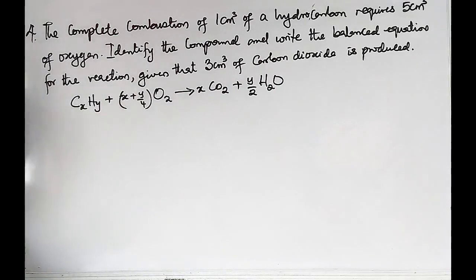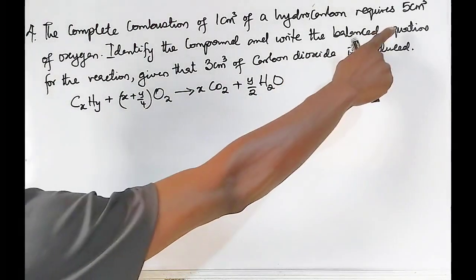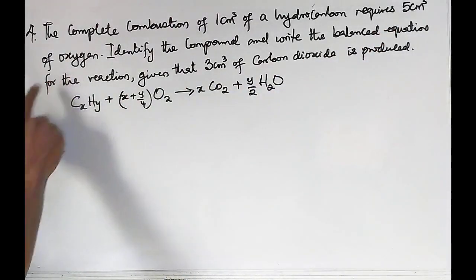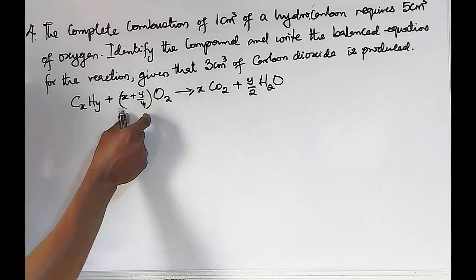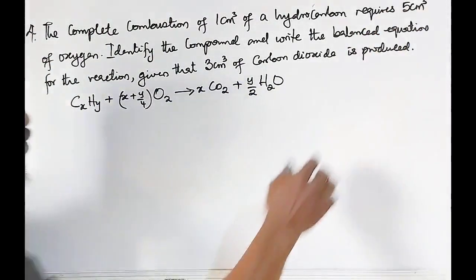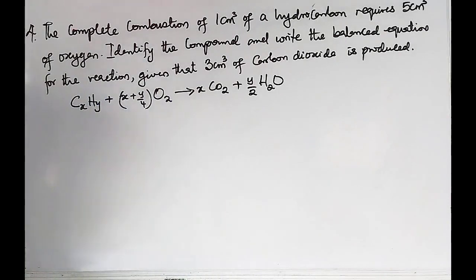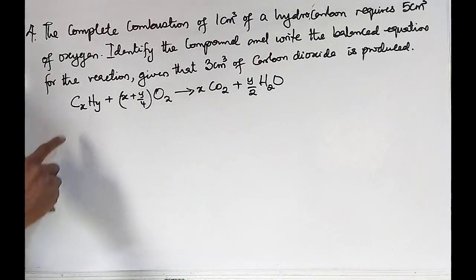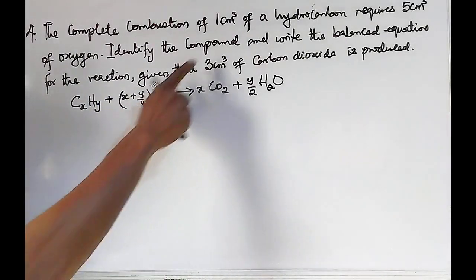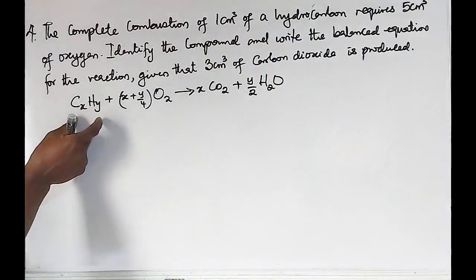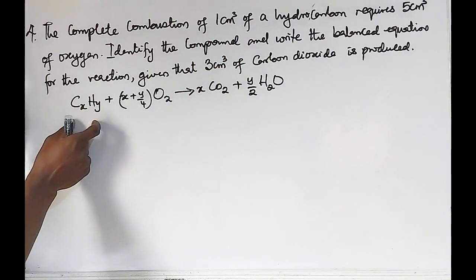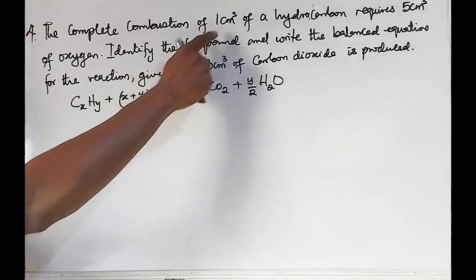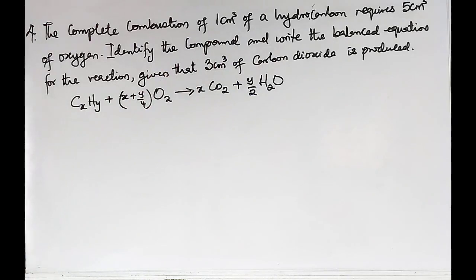If that's true for this case, we are told that it requires 5 cm³ of oxygen, so the number of moles of oxygen is equal to 5 cm³. And we are also told 1 cm³ of hydrocarbon, which is one mole of the hydrocarbon, equivalent to 1 cm³.